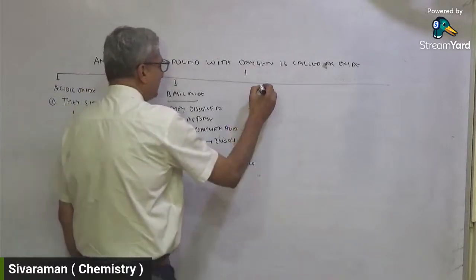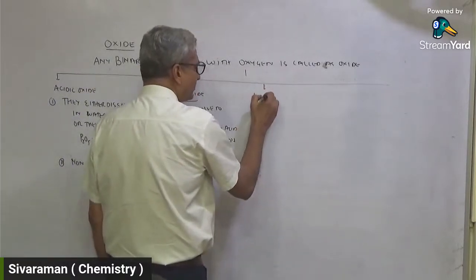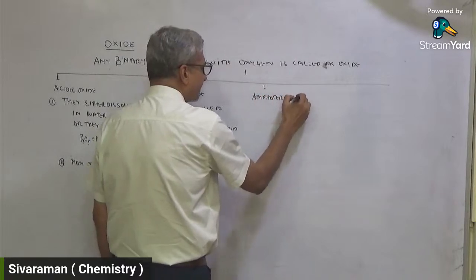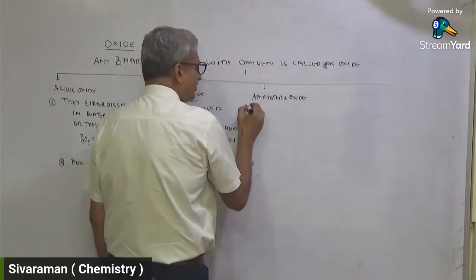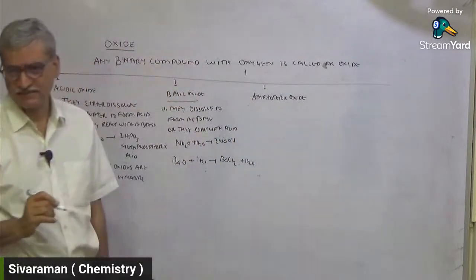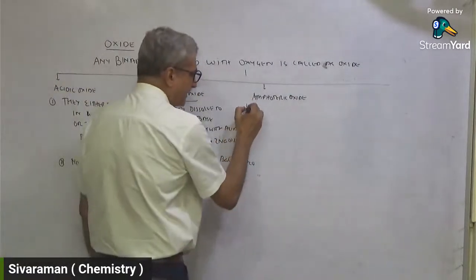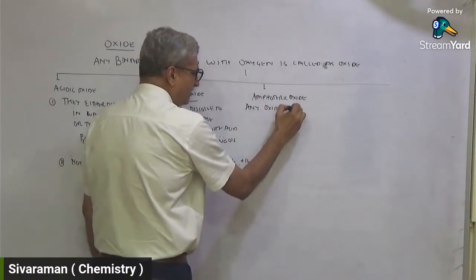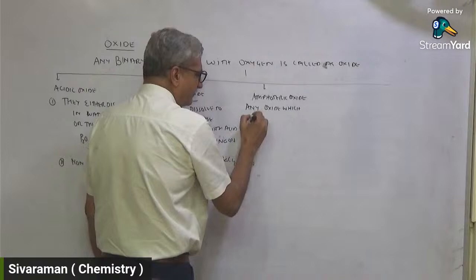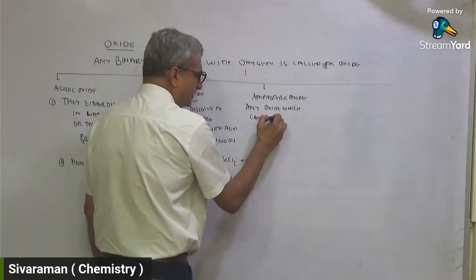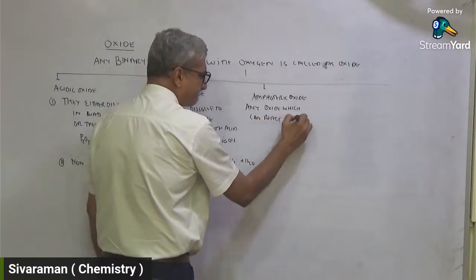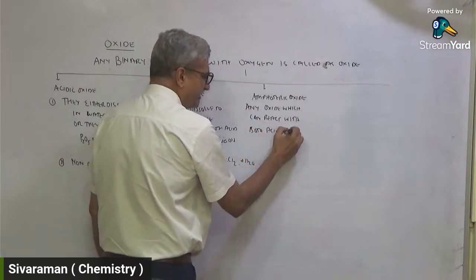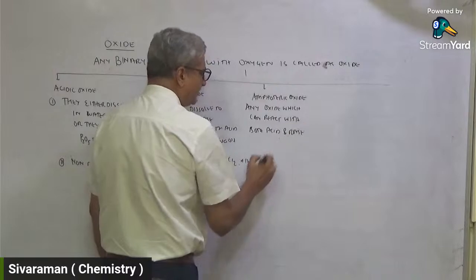Then the third one we have is amphoteric oxide, an oxide which can react with acid as well as base. Any oxide which can react with both acid and base will be an amphoteric oxide.